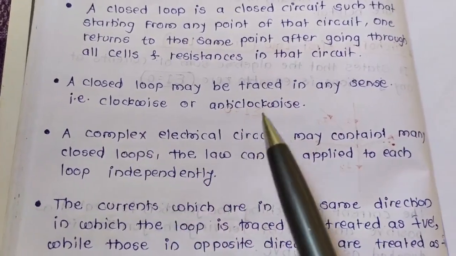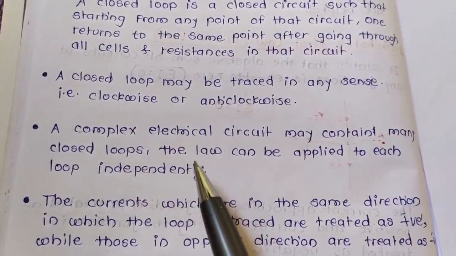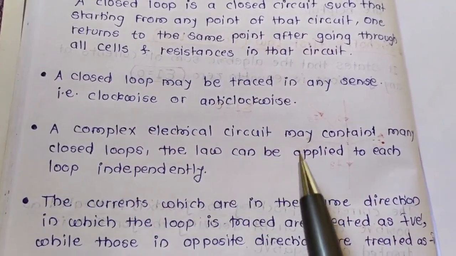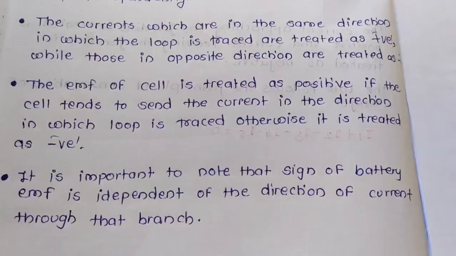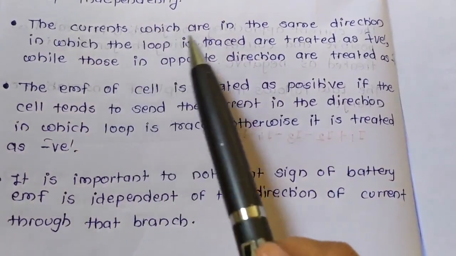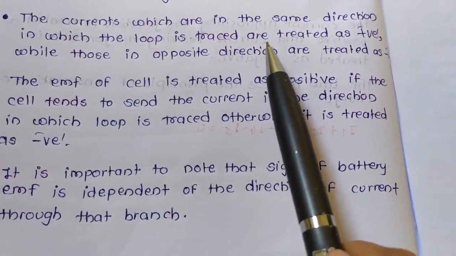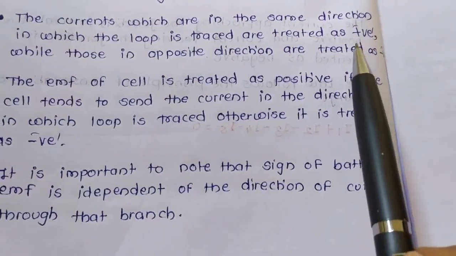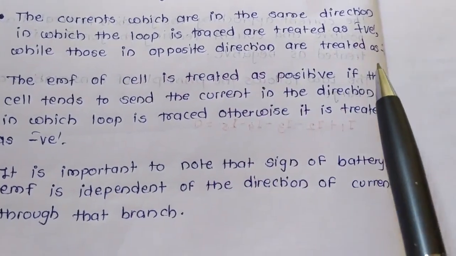A complex electrical circuit may contain many closed loops. The law can be applied to each loop independently. The currents which are in the same direction in which the loop is traced are treated as positive, while those in opposite directions are treated as negative.